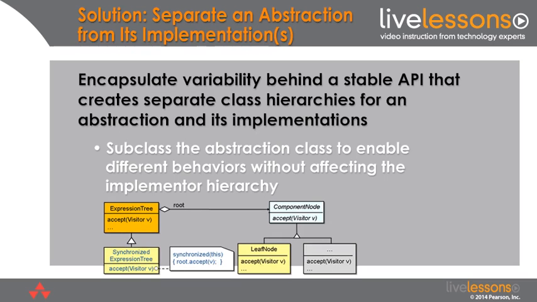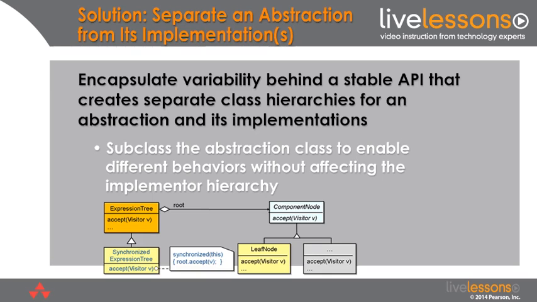Similarly, we can create a synchronized expression tree that refines the expression tree interface so that every method that's invoked will grab a lock using the synchronized keyword in Java, then forward the operation down to the potentially non-thread safe implementation hierarchy subclass, and then release the lock after that method call is done.